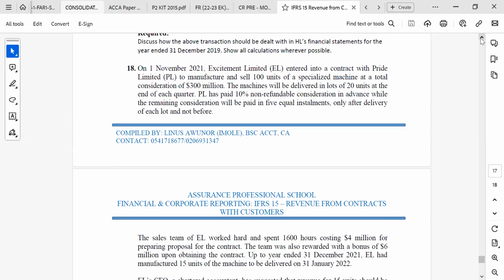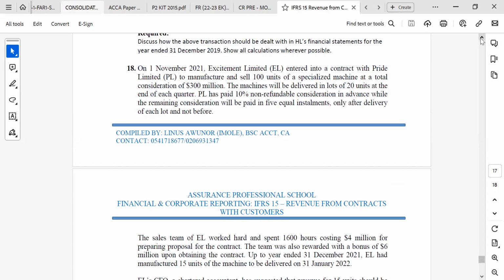The machines will be delivered in lots of 20 at the end of each quarter. If you are done, you will deliver, unless there is a fault with it. Since we are done with 15 out of the 20, and this is a machine that is specialized in nature, we can't use it for anything. So what is the cost that we have incurred, and what should be the revenue?